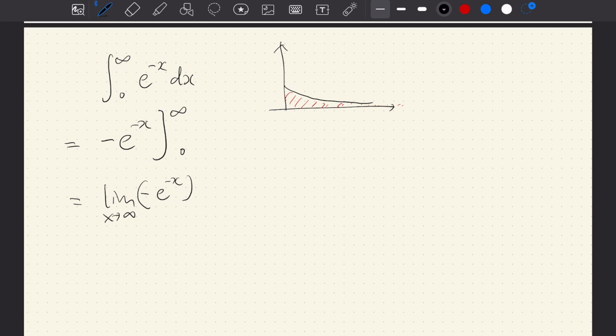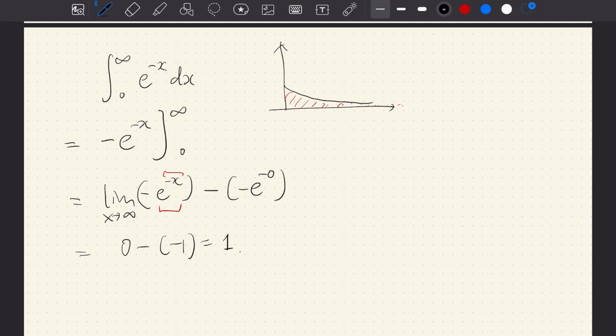And for the second term, you can just write negative e to the negative 0. Because when x goes to infinity, negative x is a very negative number, so the whole exponential goes to 0. So this is equal to 0 minus negative 1, which is equal to 1.